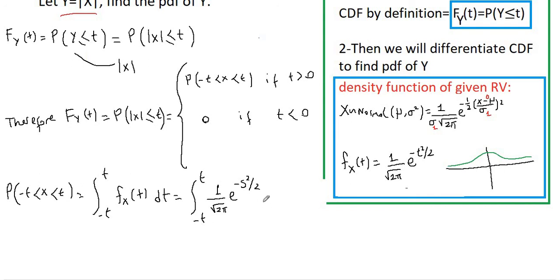We use the dummy variable s here. Now, the antiderivative of the standard normal density is the phi function. So this will be phi of t as our upper boundary minus phi of negative t as our lower boundary.